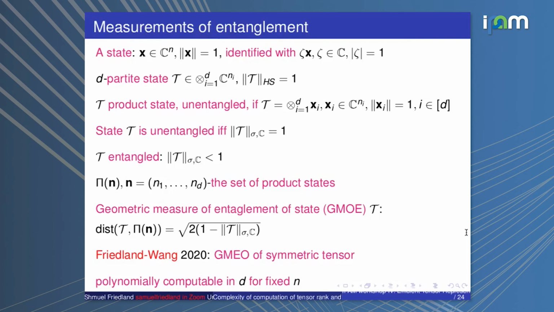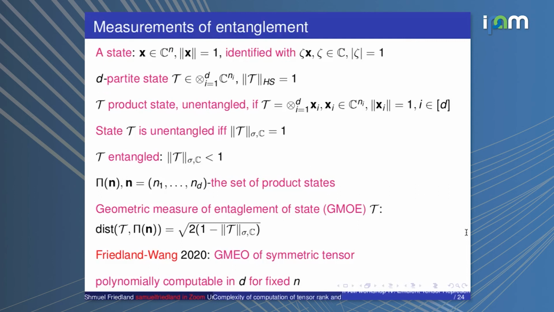What we showed with Li Wang is that the geometric measure of entanglement of a symmetric tensor is computable in polynomial time in d for fixed n, which is equivalent to saying that I can compute the spectral norm of a symmetric tensor tau for fixed n in time polynomial in d. So let's see how we do it.